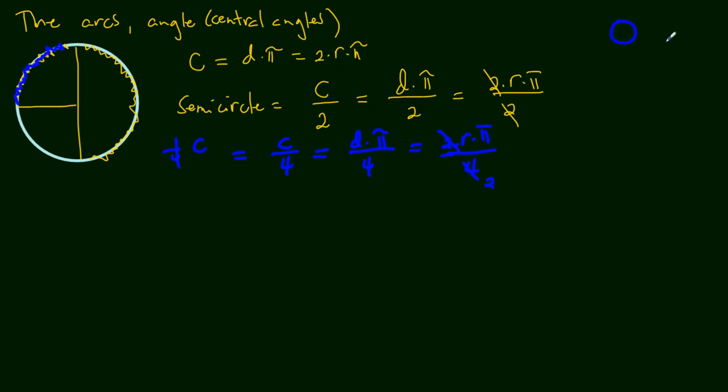Here, it is 360, like I discussed in my previous video. The half of it, the semicircle, is just 180 degrees.